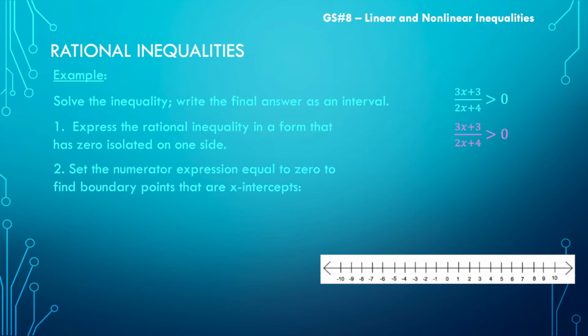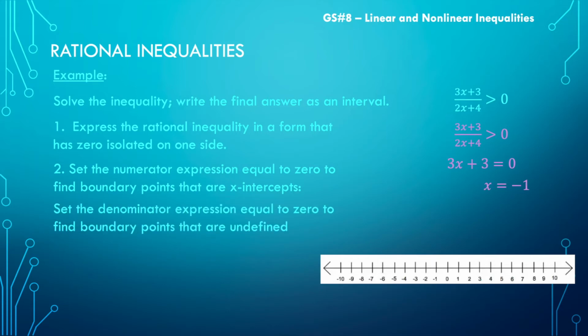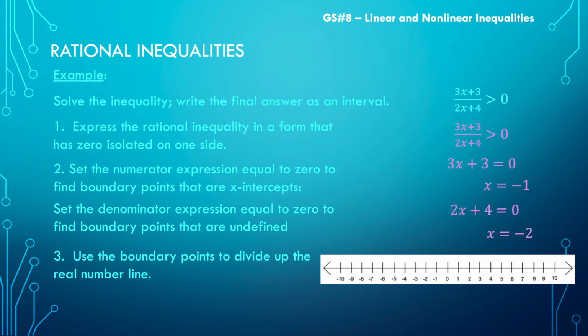So let's do the numerator first. 3x plus 3 is equal to 0, so x here would equal -1. Now our denominator, 2x plus 4 is equal to 0, so x here would equal -2.